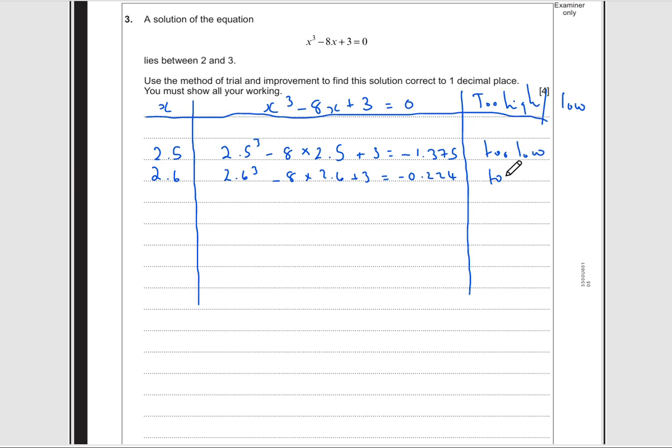Which is also too low. Okay, so let's try 2.7. In the calculator, that would give you an answer of 1.083.